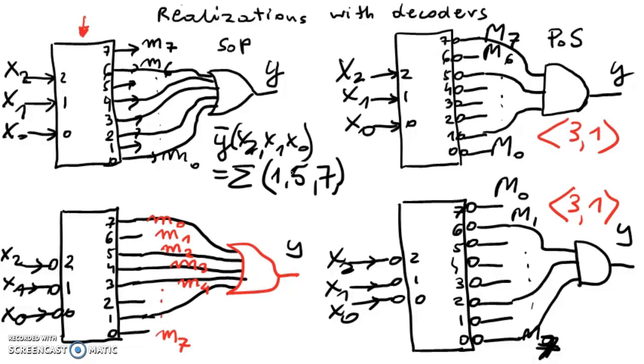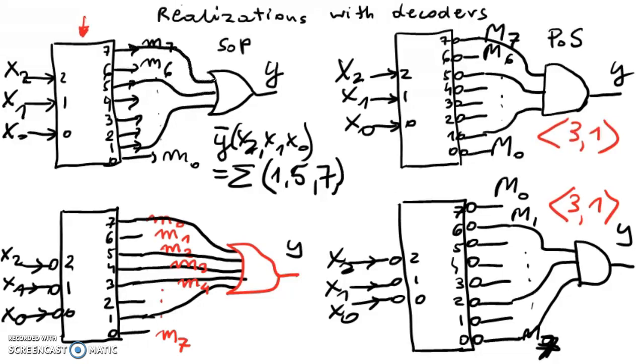Okay, so let's change it. Instead of implementing Y, you implement not Y. Not Y is minterm 1 added with minterm 5 and added with minterm 7. You've got the same cost factor as before, but the function is not Y.